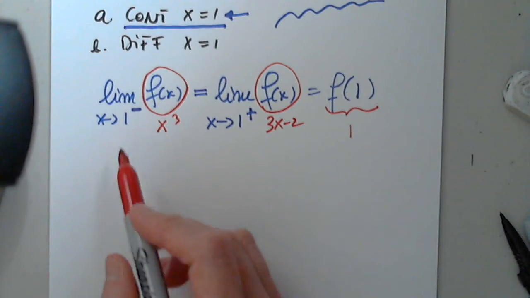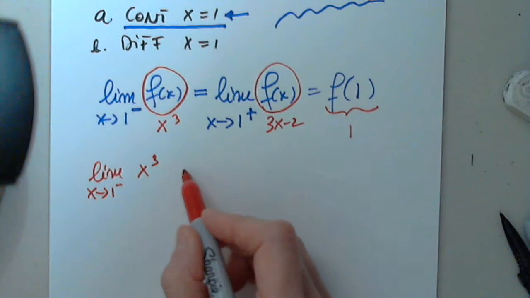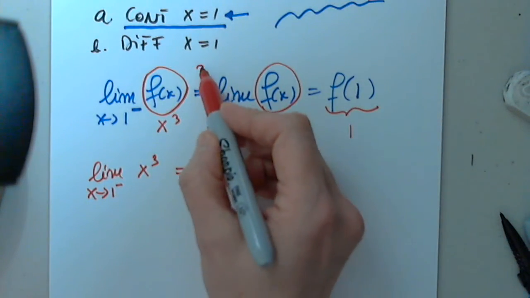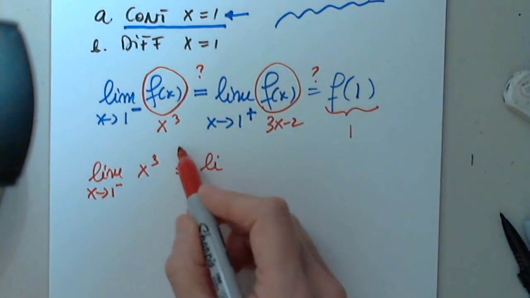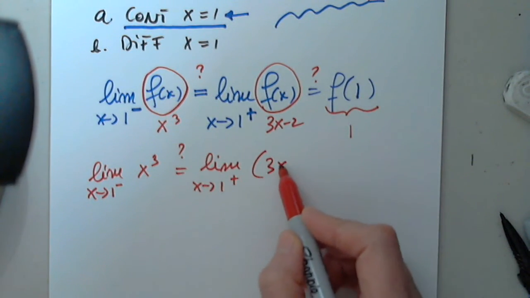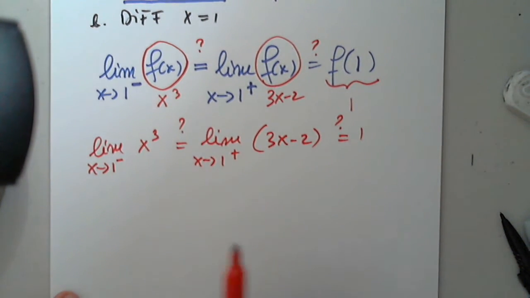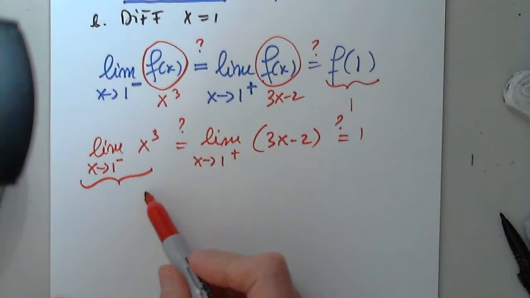So this limit as x approaches 1 from the left of x cubed must equal, that's the definition, we'll see in a moment, the limit as x approaches 1 from the right of 3x minus 2, and let's see if this equals 1. What does this limit equal to? 1. Exactly.